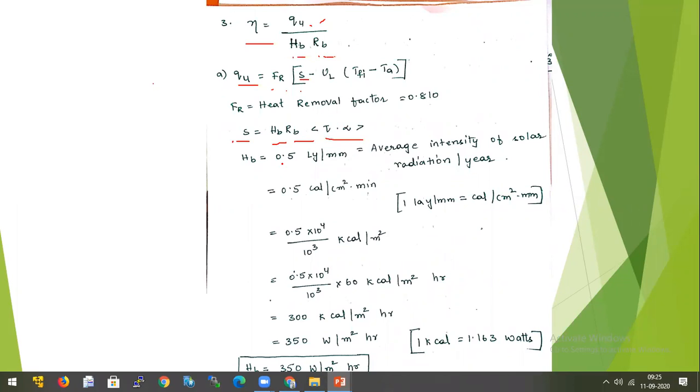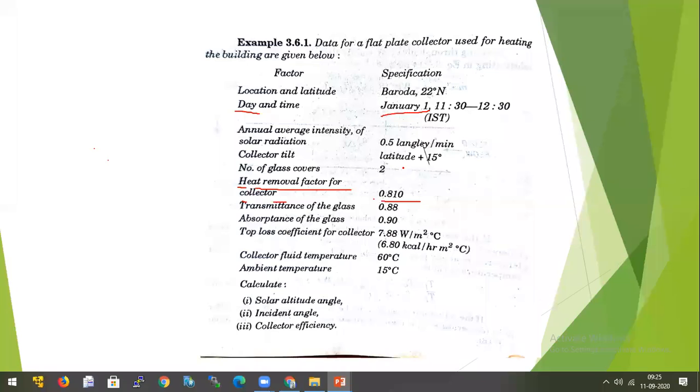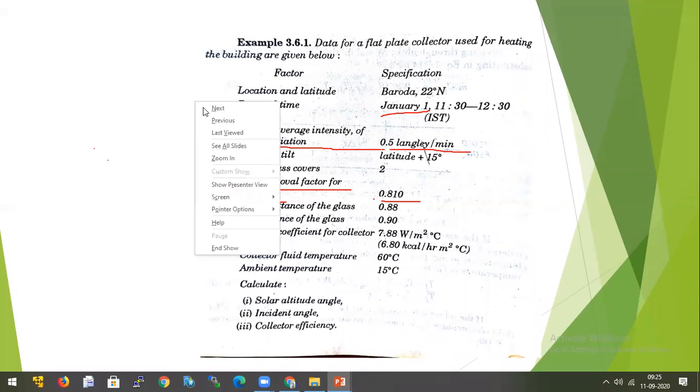First, HB is given as 0.5 Langley. HB is the average intensity of solar radiation per year, 0.5 Langleys per minute. But we have to convert it into kilocalories.